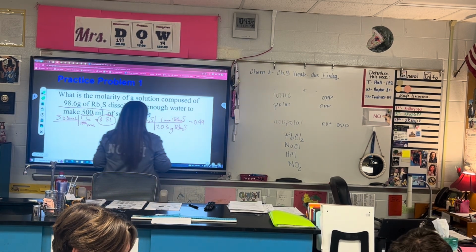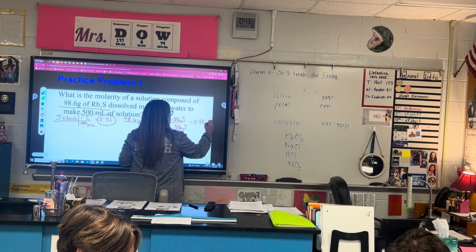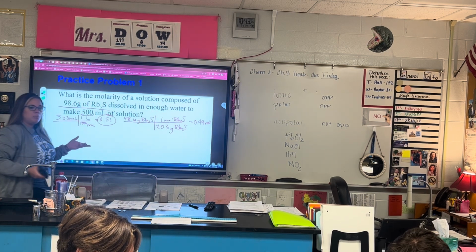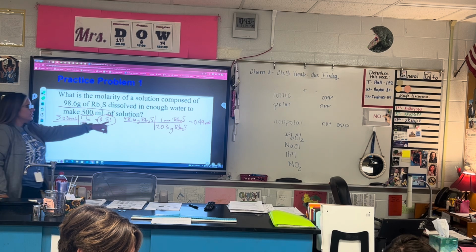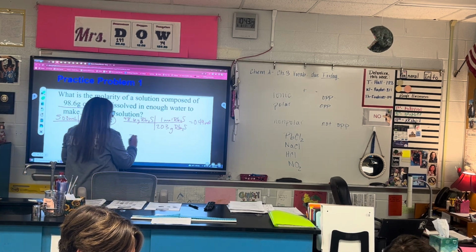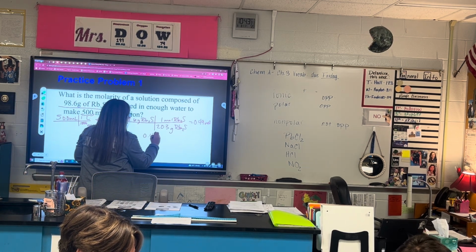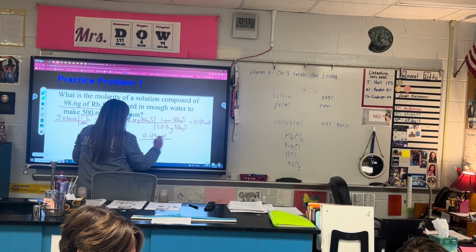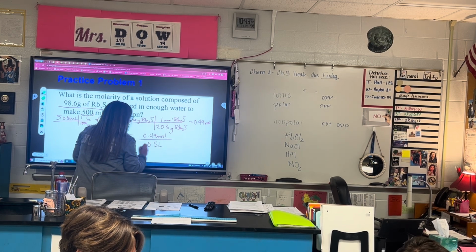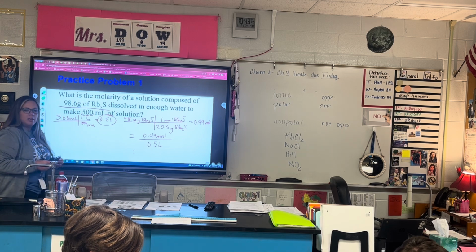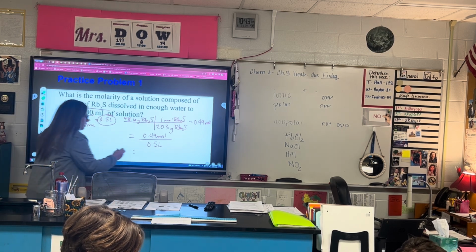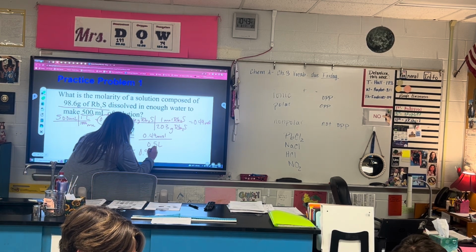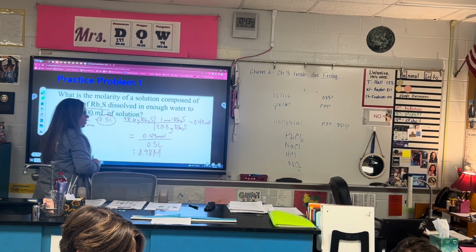Alright, and that would be our moles. So now we just have to plug it into our formula. We got our liters, we got our moles. We know our answer is going to be pretty close to 1. So 0.49 moles divided by our 0.5 liters. And what do we get? 0.98. Yes. Capital M for molar.